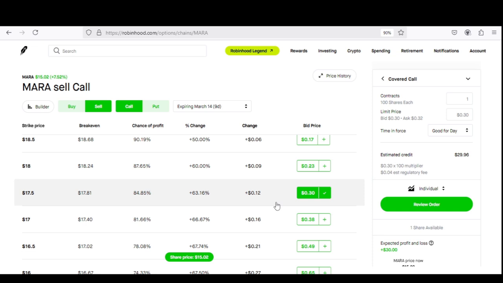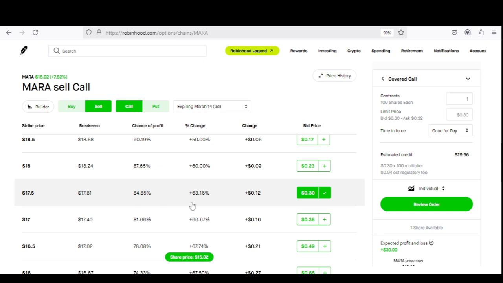Here's how you're going to win the second time. Let's say this trade happens to go against you, and come expiration date of the 14th, this share price just happened to be trading higher than the 17.5. Well, now we're going to lose our 100 shares. We're going to lose our 100 shares, but it's not such a bad thing because now we're going to be losing our 100 shares at the strike price we chose, which was 17.5.